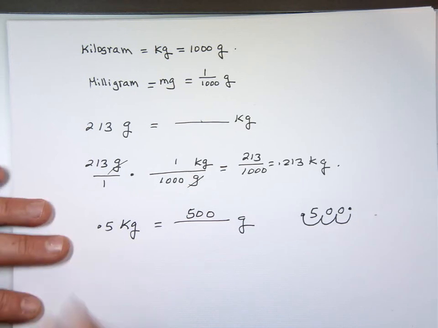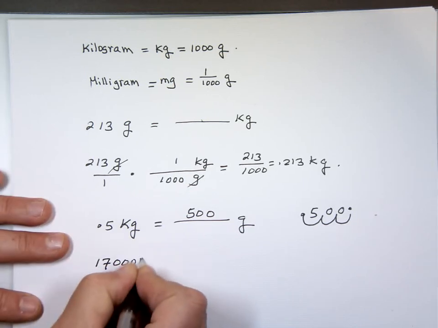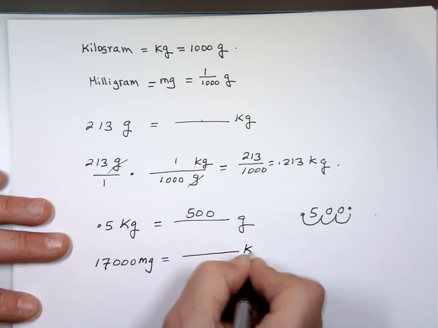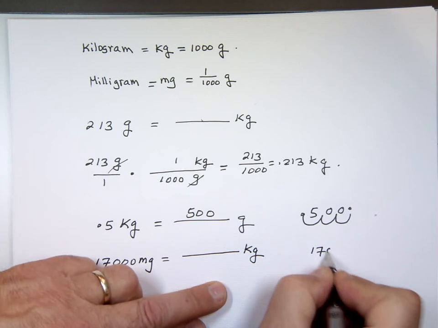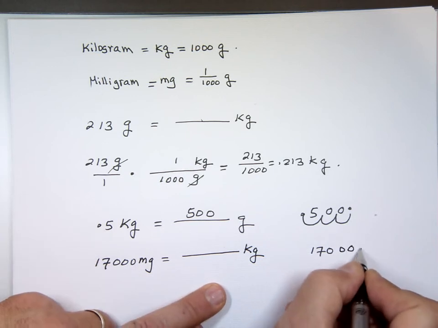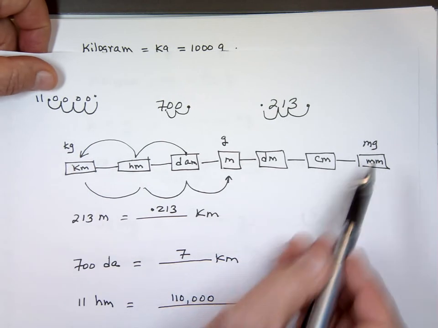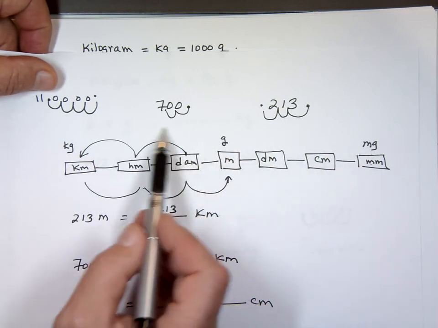If I have 17,000 milligrams and I want to change it to kilograms, here's the 17,000. The decimal point here. You are at milligram right here, and you want to go to kilogram. How many places? 1, 2, 3, 4, 5, 6 places.